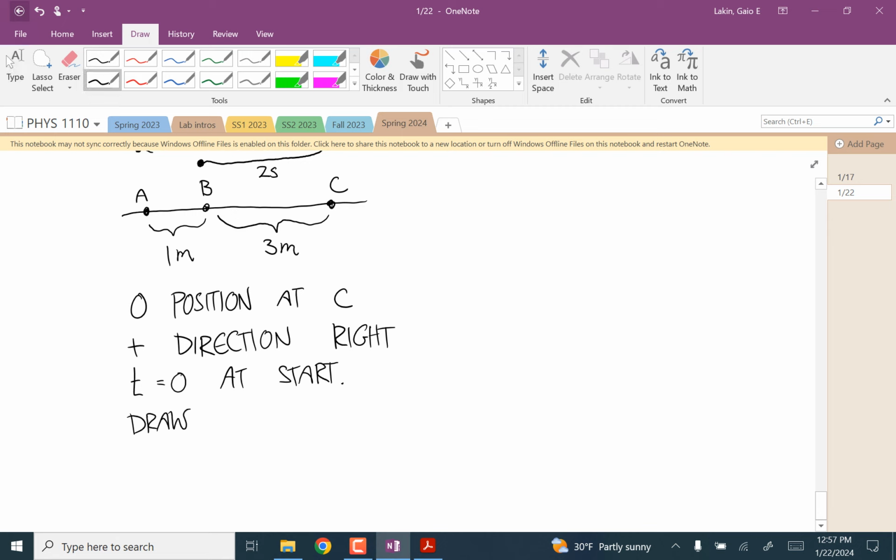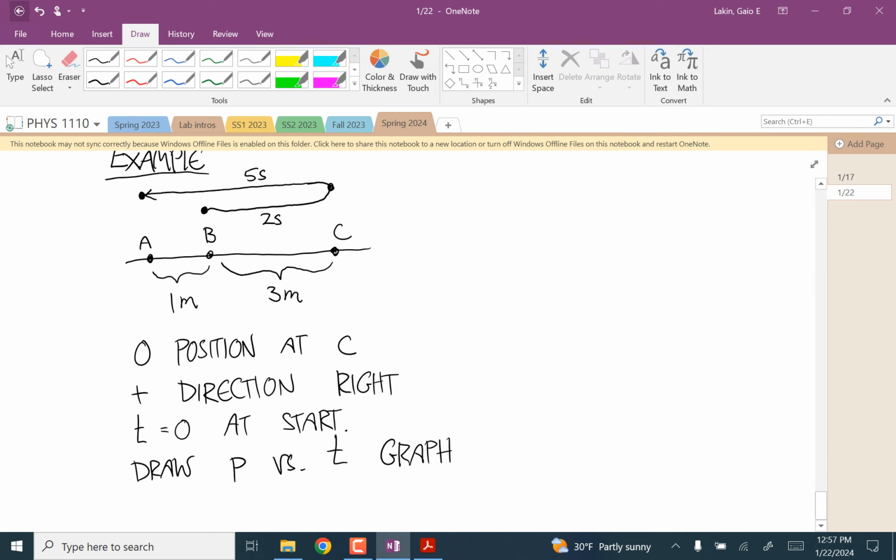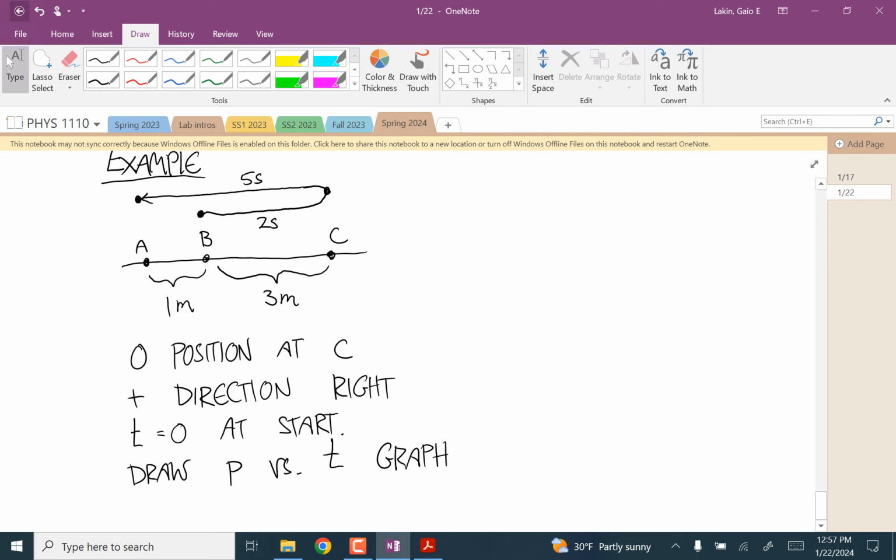And you want to draw a position versus time graph. Okay, so you can do this however you want. If it makes sense to you to do it another way, feel free.